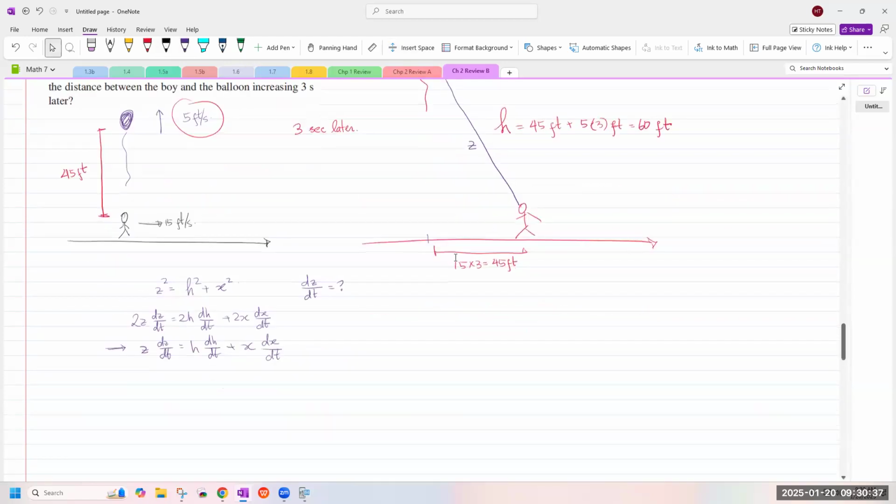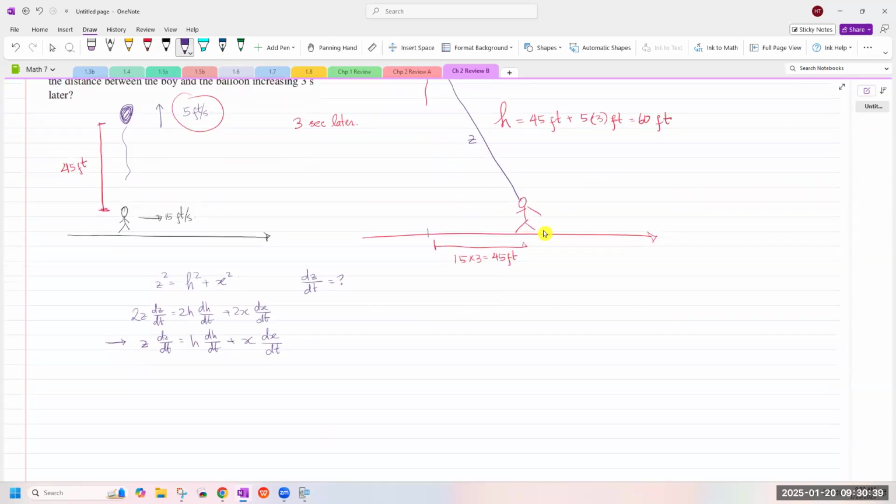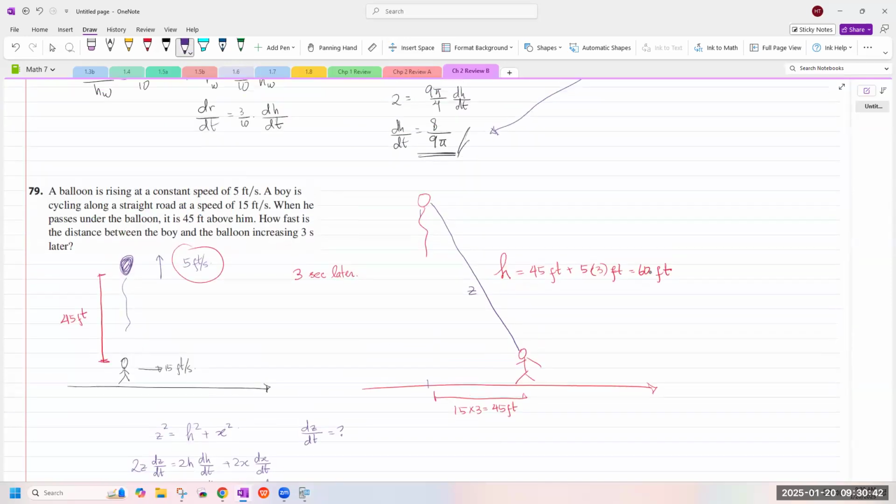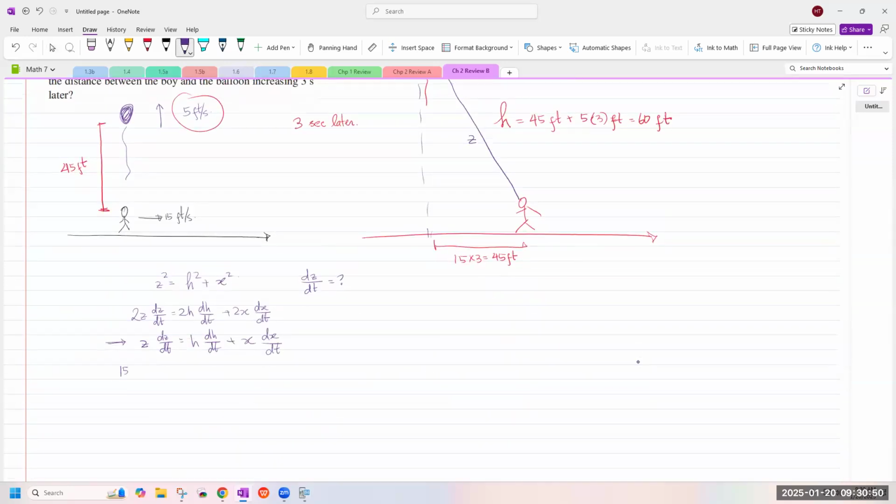When I plug in numbers, I don't know the z, but if this is 45 and this is 60, this is 3 times 15, 4 times 15, then the z must be 5 times 15. So this is 5 times 15 dz/dt equals the height, which is 4 times 15, dh/dt plus x, which is 15 times 3, dx/dt. Again, we can cancel the 15, right? And actually, I can also plug in dh/dt.